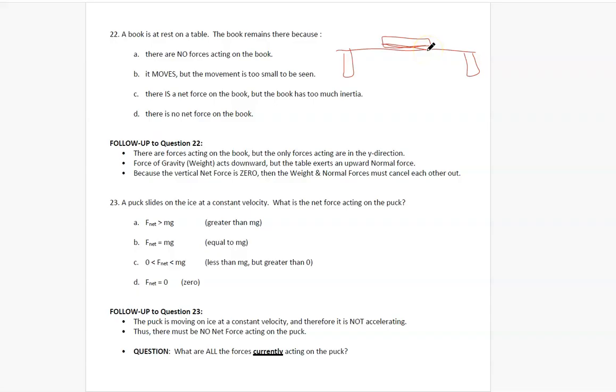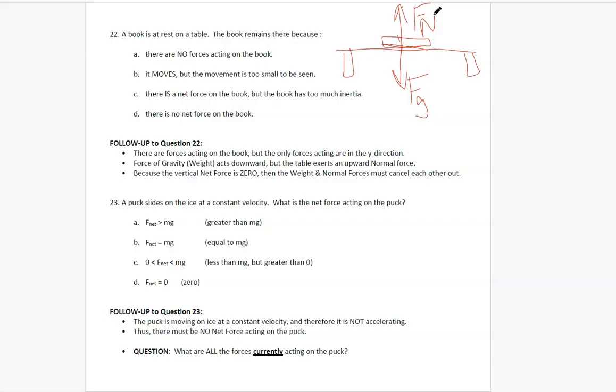Well, we know the book has mass, and therefore we know there is gravity affecting it, and therefore the book has weight. And we know the book is not breaking through the table and heading towards the center of the earth. So that weight force must be equally balanced by a vertical normal force of the same magnitude, same size.